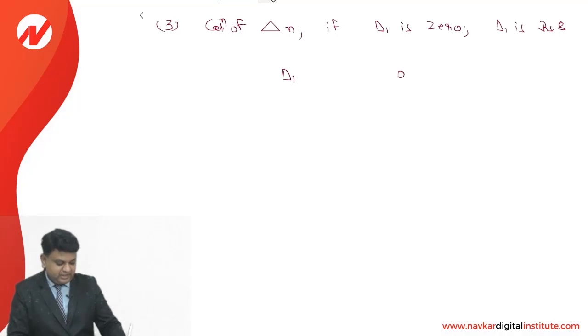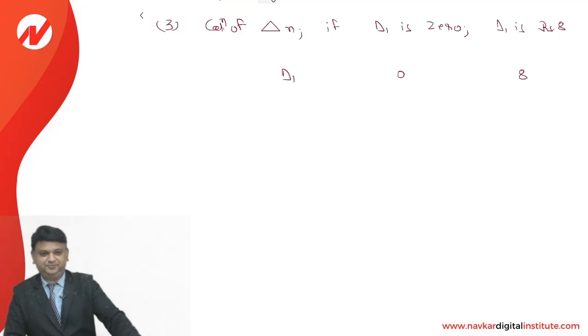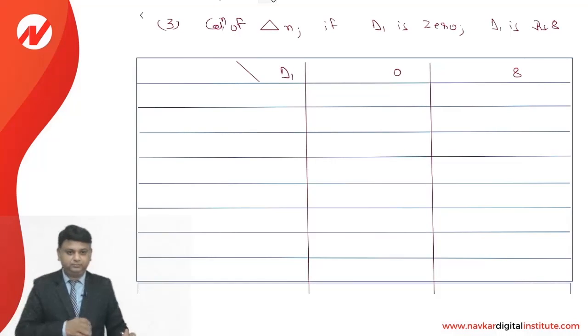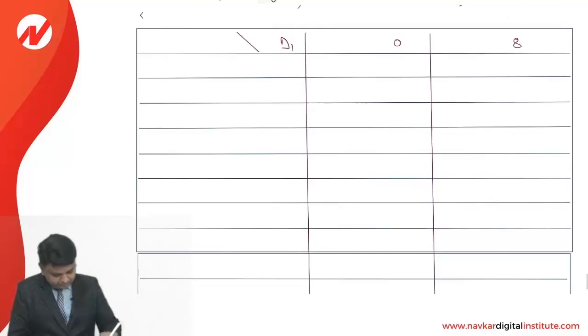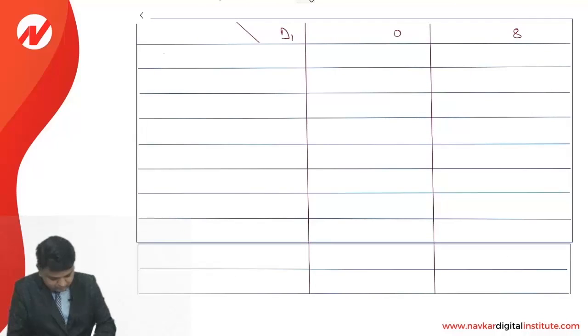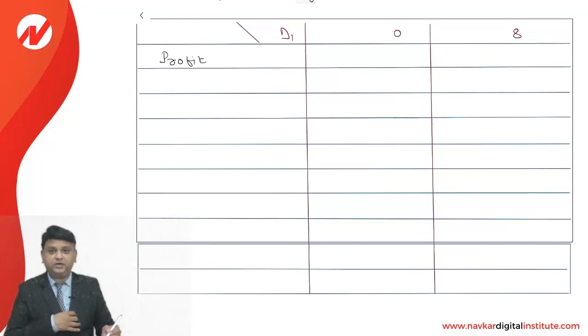So D1 is 0 and D1 is 8. In both the cases, we are required to make the computation of delta N. So we start with the profit. Profit of the company is given 3 crore.